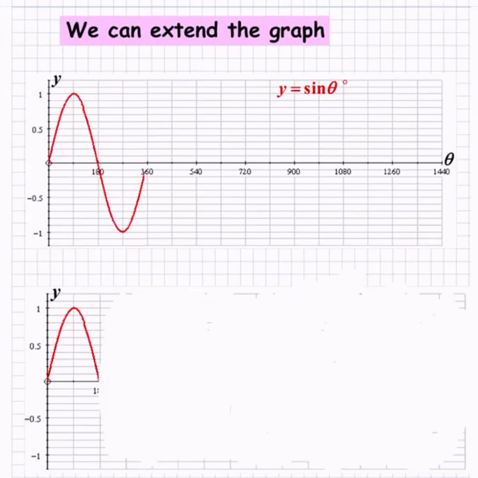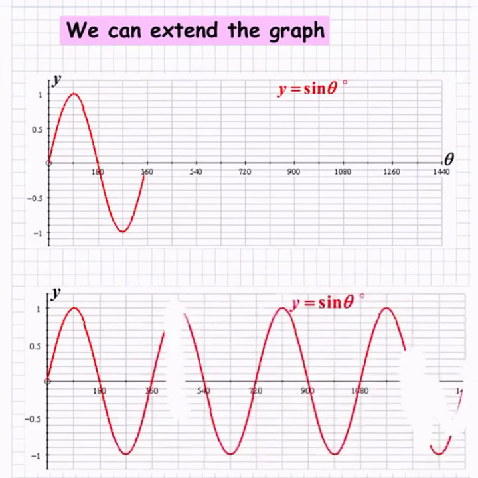When we sketch the graph, we can extend the graph. It goes from 0, one cycle to 360 degrees. We can extend it up to 1440 degrees. If we were to extend that graph, you would see below how it goes from 0 all the way to 1440 degrees.